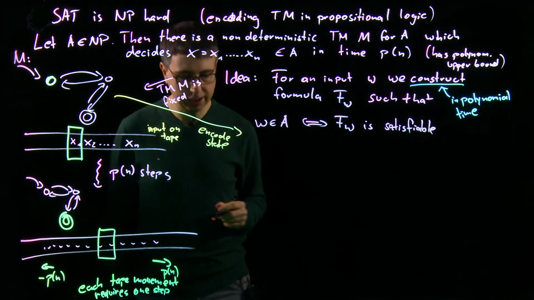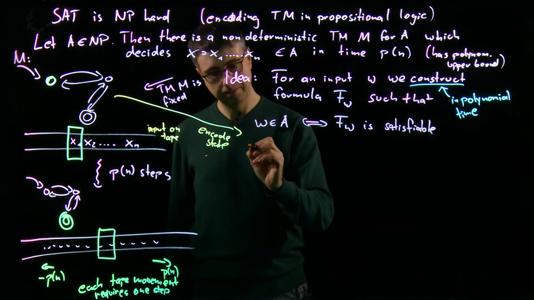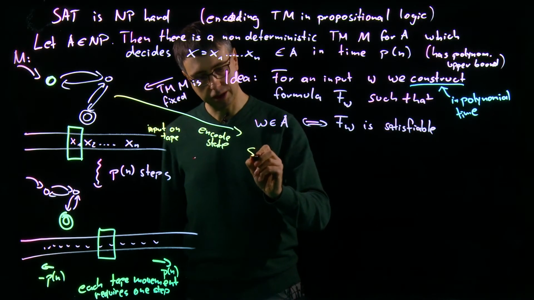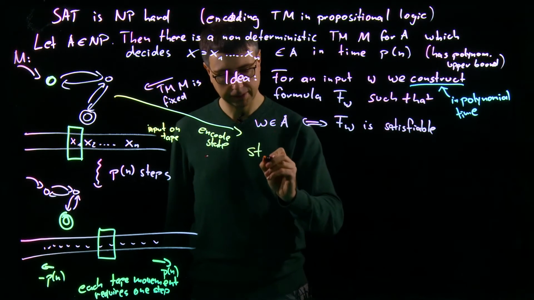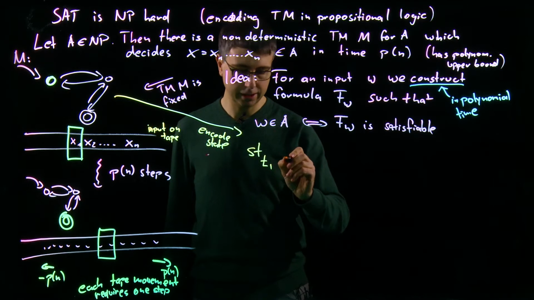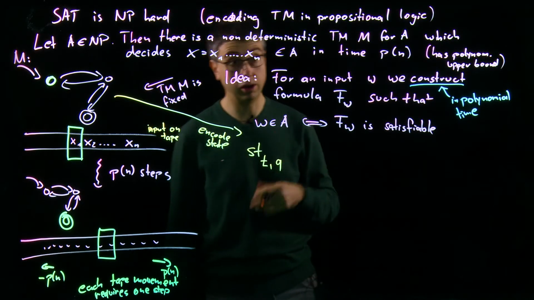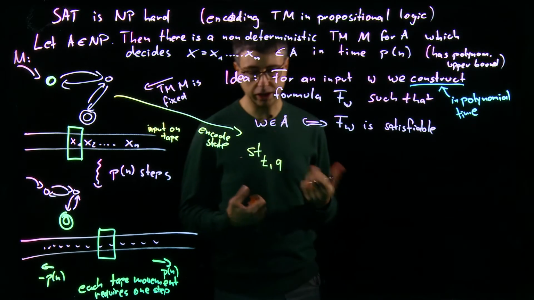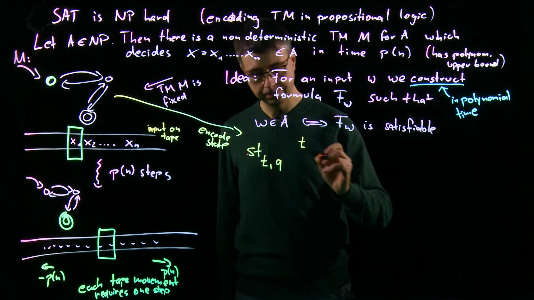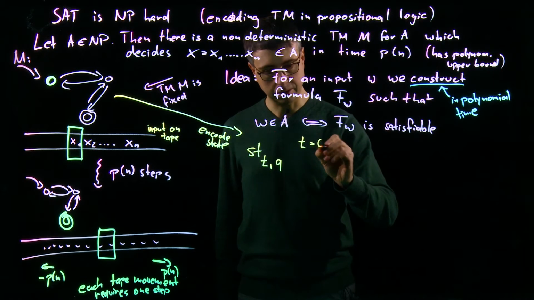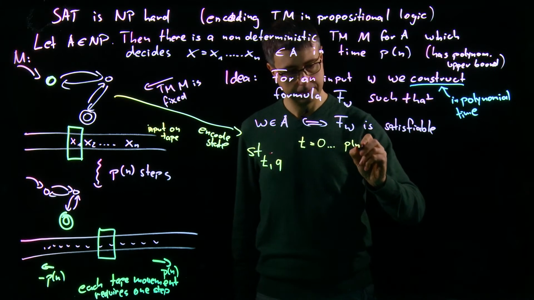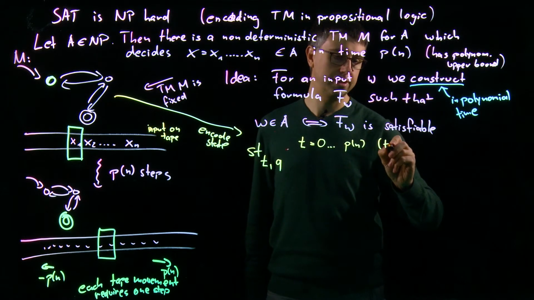And to encode the state, we'll use a propositional variable. And the propositional variable will be called S for state, with index t and q. So we'll get a lot of variables just for encoding the state. And t actually varies from 0 to p of n, and this encodes the time.